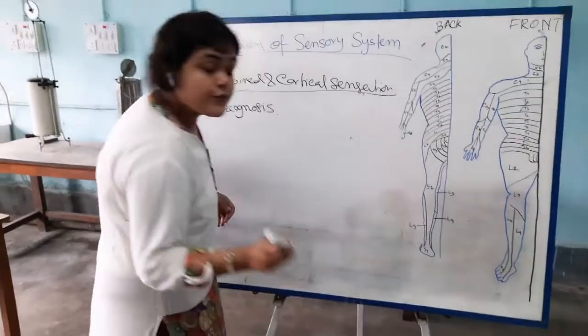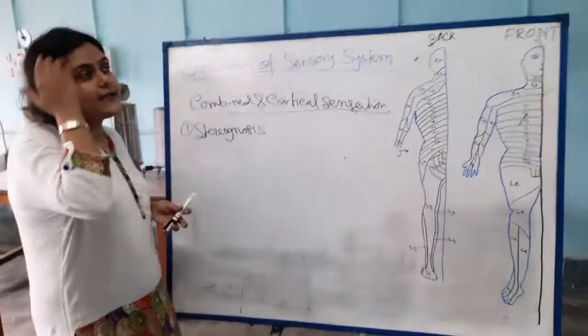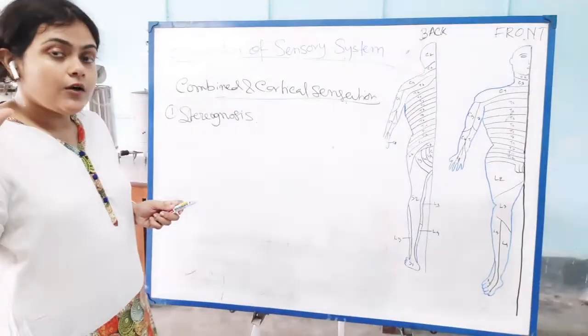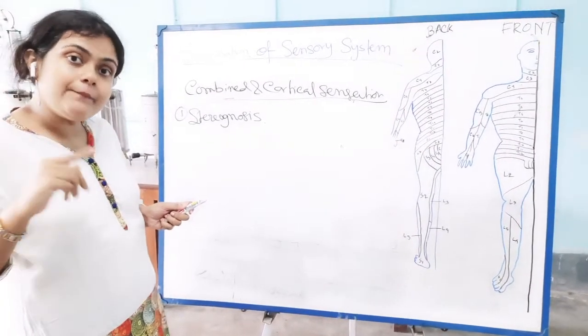You have to do it bilaterally and just notice the accuracy or the time of recognition of the object and make a bilateral comparison.